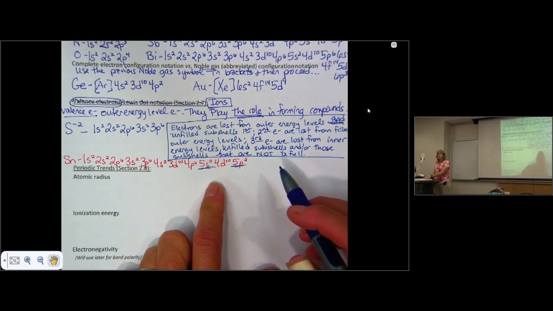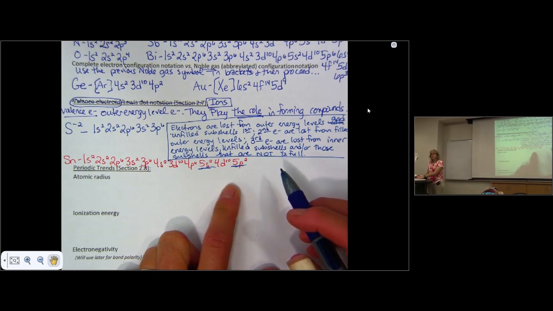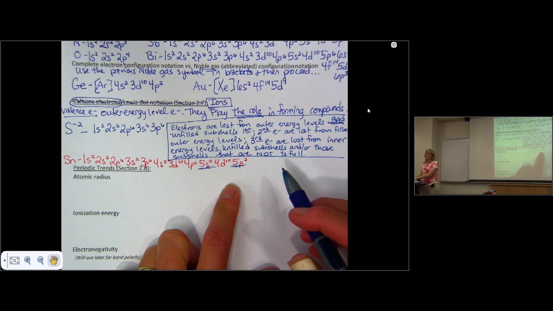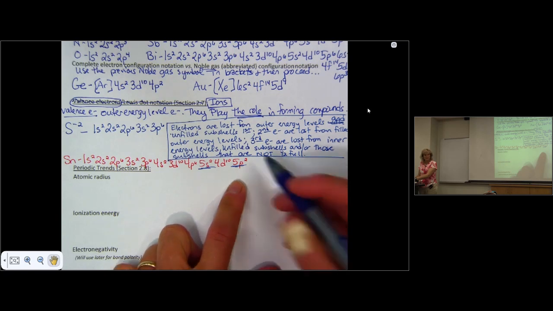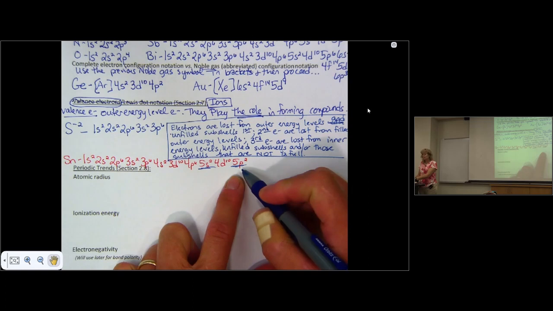Tell me what gets lost to become +2. What energy level? That's the easy one. 5. What subshell to become +2? P. Why does it lose P first? Because it is unfilled. Yes? So it will lose these two first.